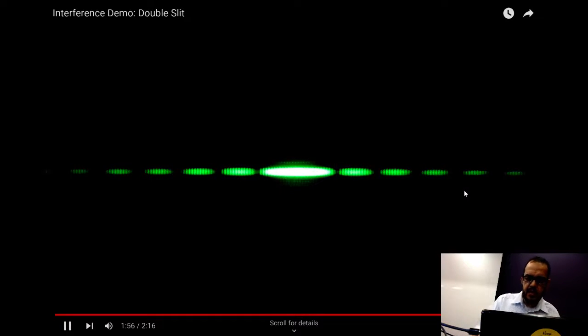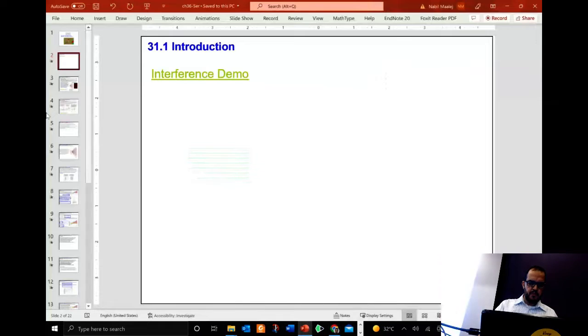So you may or may not be able to see on the screen now that this main maximum is still as wide as it was before, but there's double the number of individual divisions within it. So the actual pattern that you can see right now is the single slit diffraction pattern for a single slit. We'll stop here and let's explain what we just have observed.